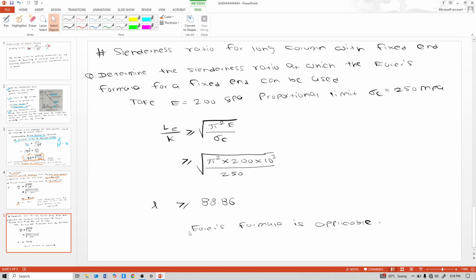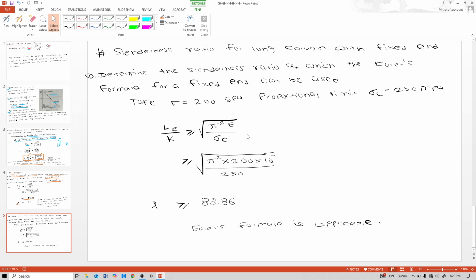Now next, one different numerical: slenderness ratio for a long column with fixed end. Determine the slenderness ratio at which Euler's formula for a fixed end can be used. They have given E equal to 200 GPa, and the proportional limit, that is crushing stress, as 250 MPa.